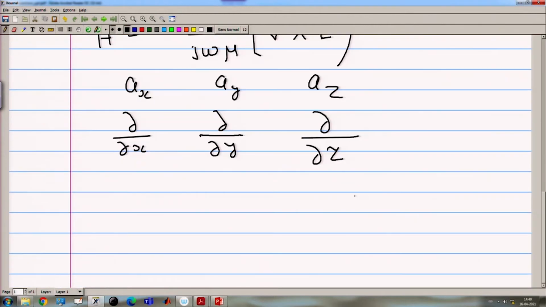Here in the question only Ez is there, that means Ex equal to 0, Ey equal to 0, and Ez is a function of x and y.